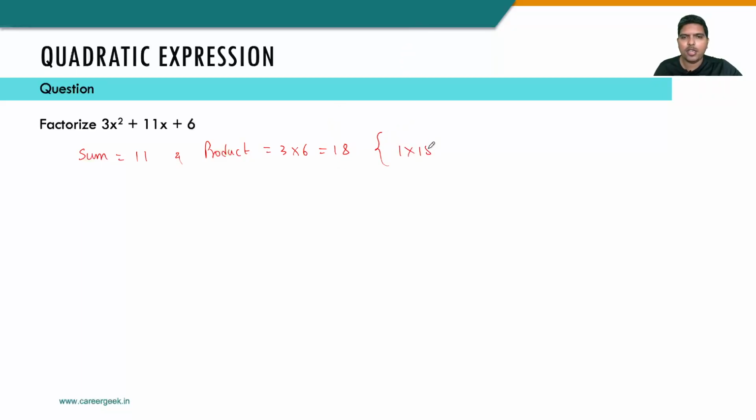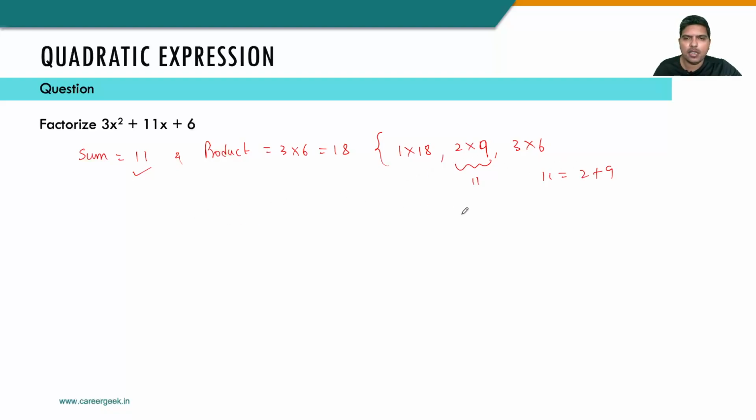So 1 multiplied by 18, 2 multiplied by 9, and 3 multiplied by 6. We can take negatives, but the sum is positive, so I am avoiding that. And we can see that this gives us 11, right? Sum.